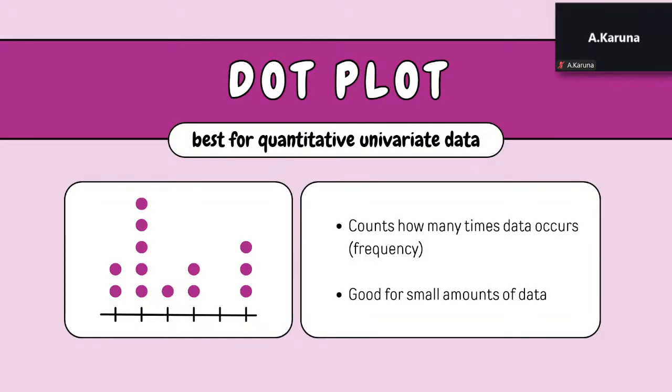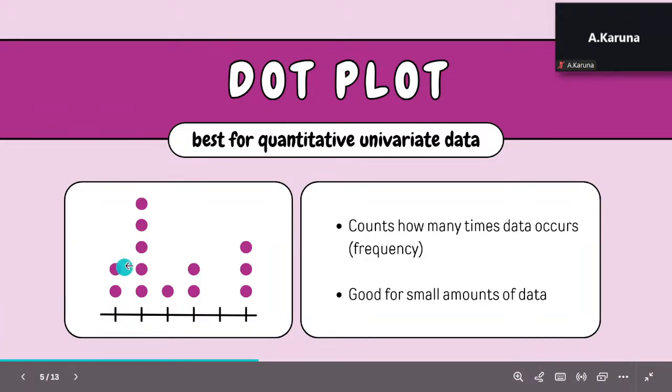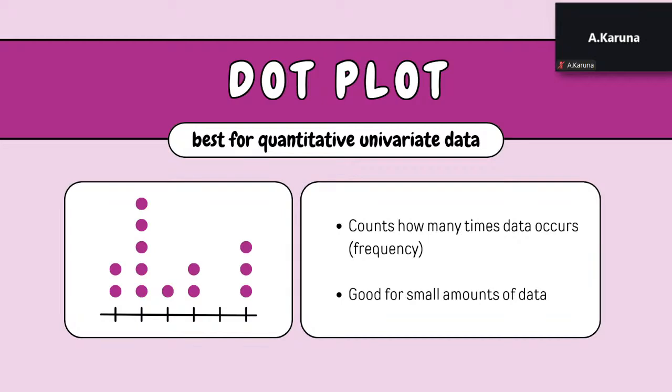So let's see, like we said, ice cream, donuts, cupcakes, and other desserts, right? So let's say in a classroom, it said 2 kids like ice cream, 5 kids liked the donuts, 1 kid liked cupcakes, and so on. So a dot plot counts how many times data occurs, frequency, and is good for small amounts.